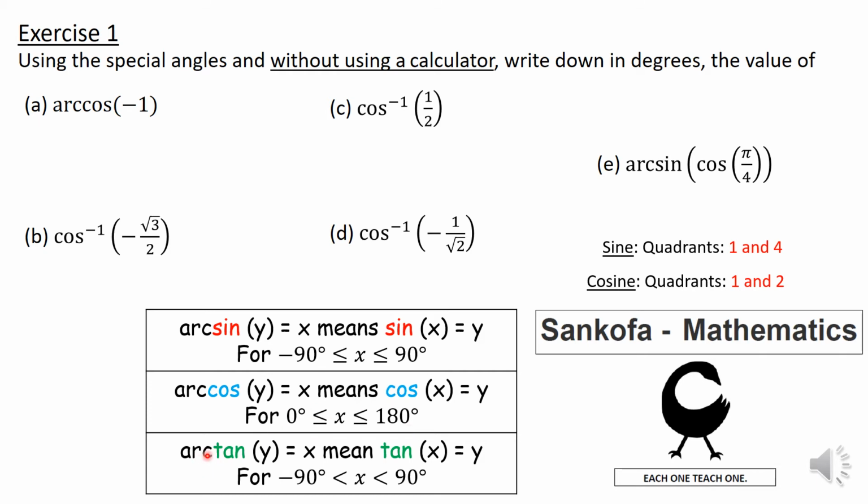But when you do arctangent of y, which you can say equals x, it is the same as tan x is equal to y, and the interval is between minus 90 degrees and 90 degrees, not inclusive. Right, we're going to look at the next video. We're going to look at tangent in detail.